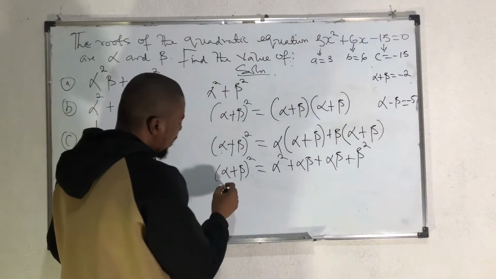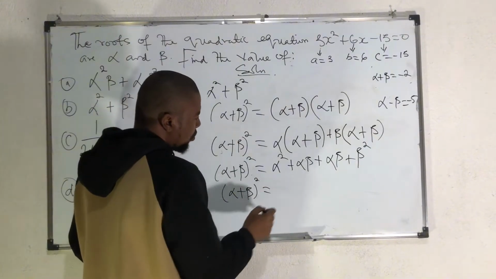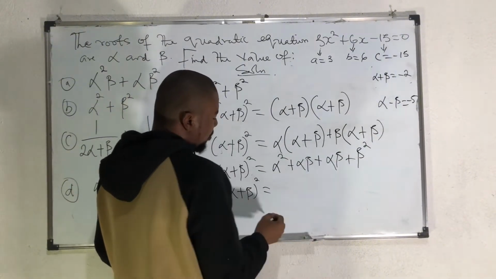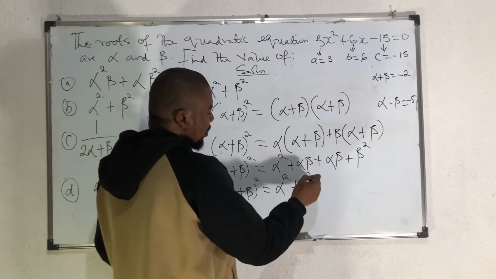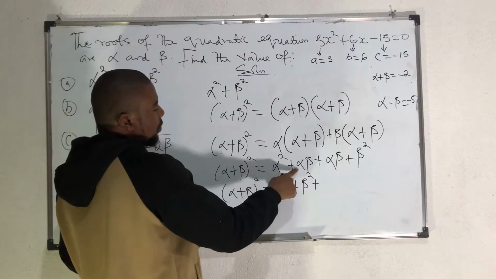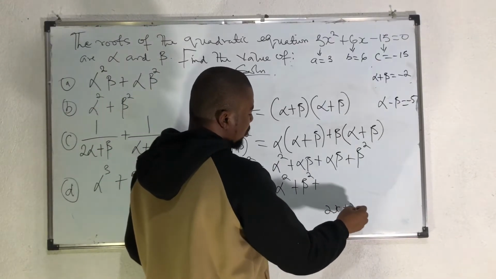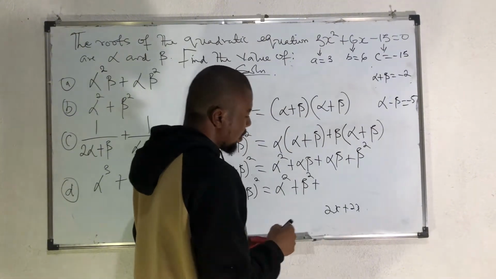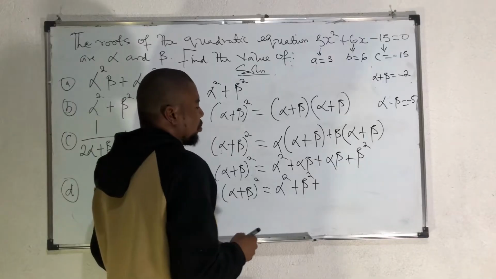Let me show you. Here we have alpha plus beta all squared is equal to, let me bring the alpha and the beta together. We have alpha squared plus beta squared plus alpha beta plus alpha beta. They are like terms, just like you have 2x plus 2x. These are like terms. When you have like terms in mathematics, what do you do? You add them together.